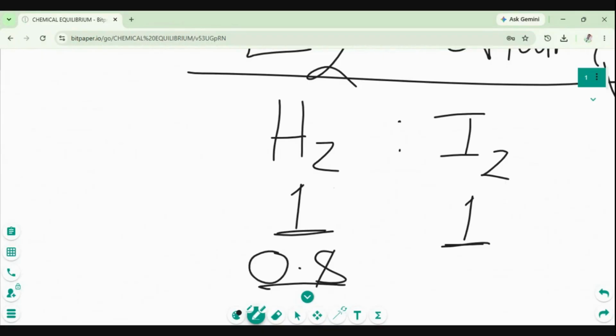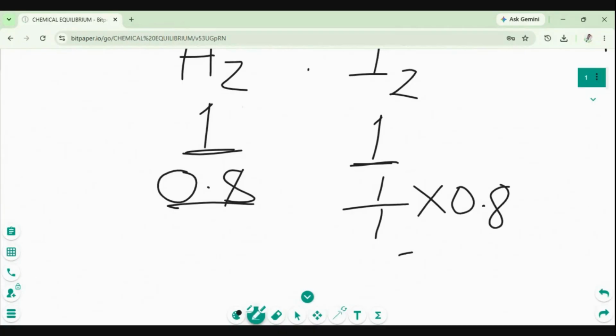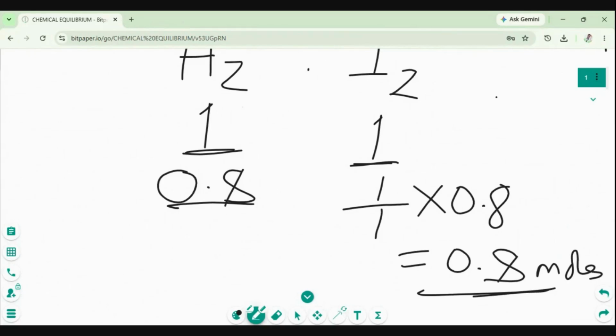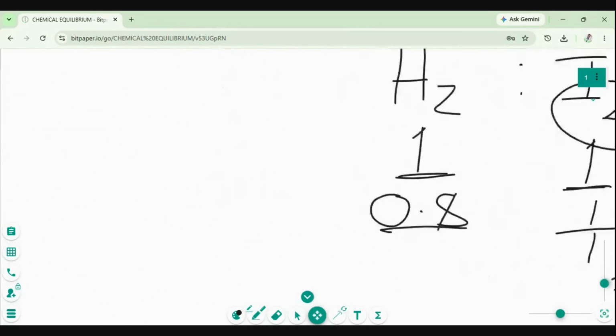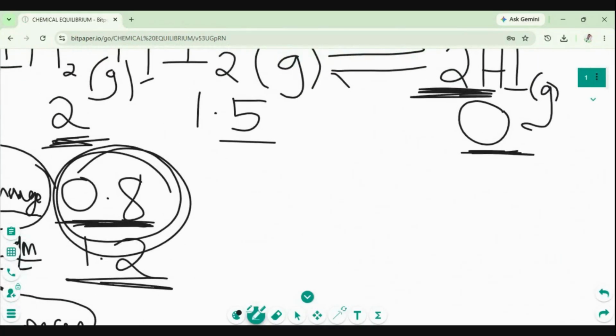They're going to react with 1/1 times 0.8, and that, members, will finally give us 0.8 moles of hydrogen iodide. So we come here and fill our hydrogen iodide comfortably with 0.8.